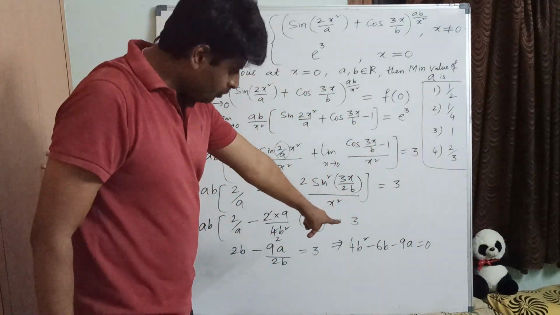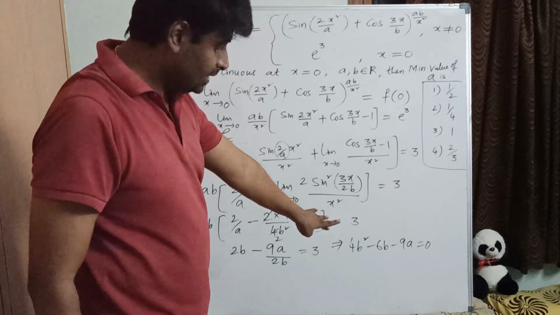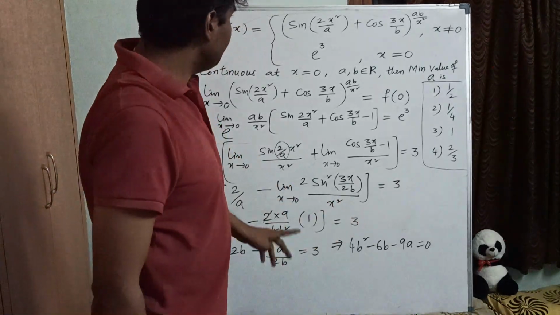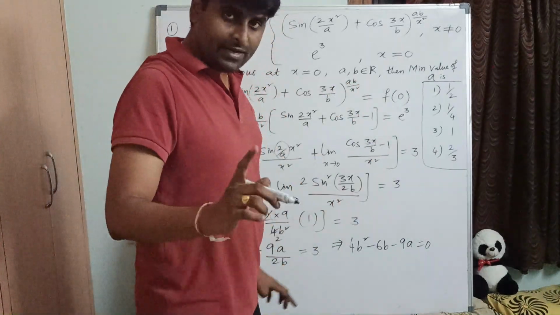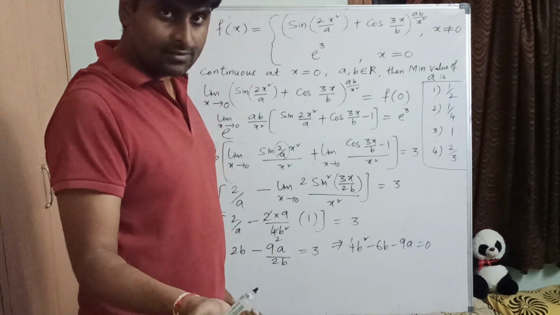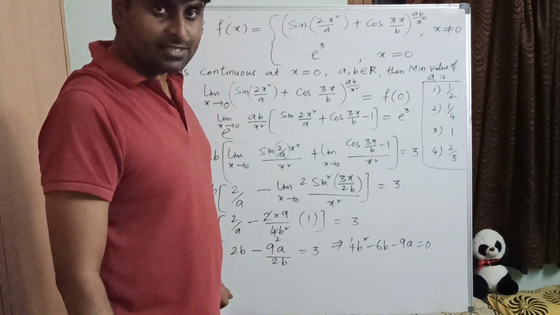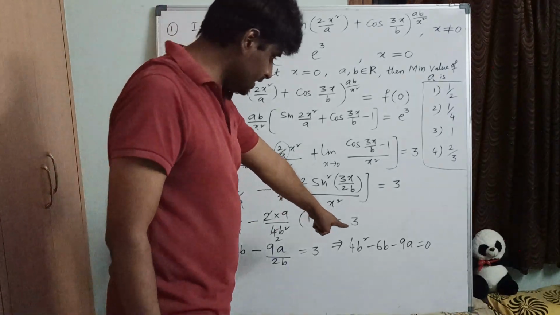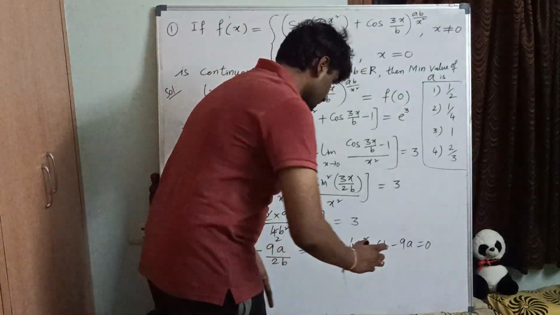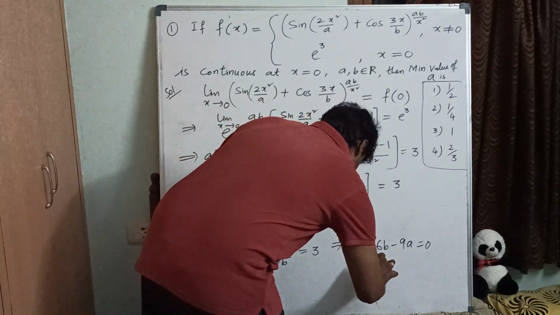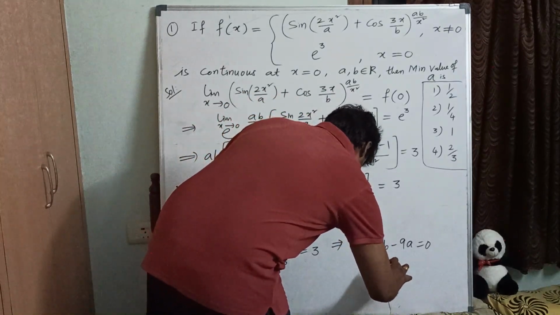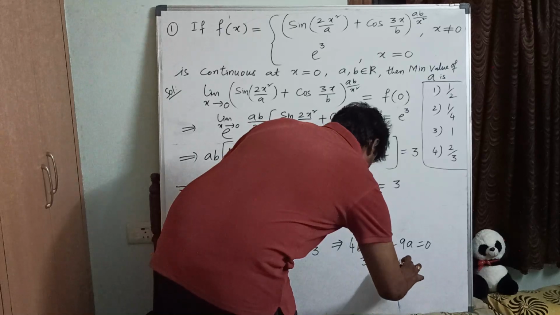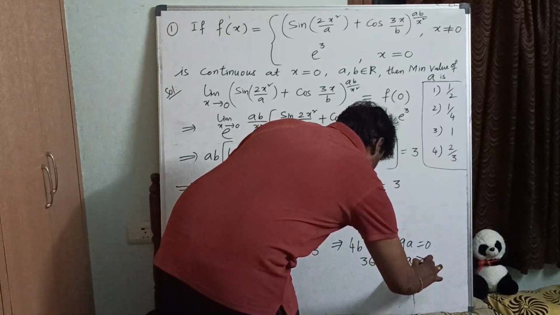So this is the quadratic equation in b, correct. But since b is real, whenever roots are real, then what can we say? b square minus 4ac greater than or equal to 0. So b square means 36 here. So 36 minus 144a greater than or equal to 0.